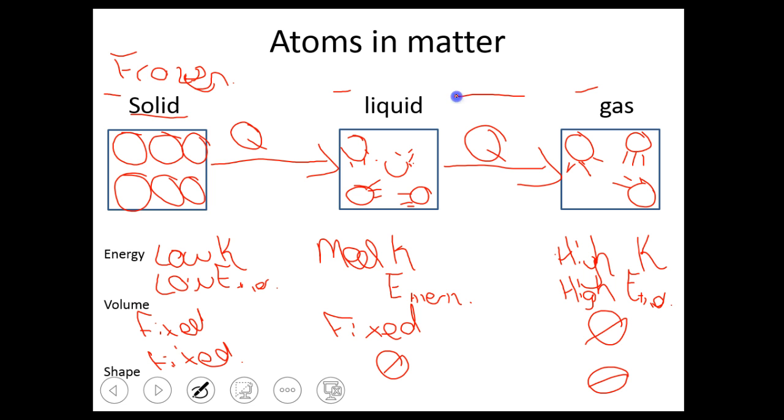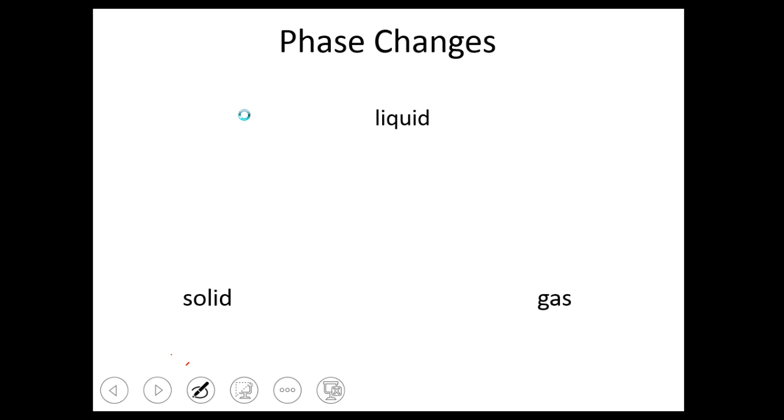And then likewise, if I take heat out of these systems, things can go from a gas to a liquid and from a liquid to a solid, and we call that process condensing and freezing. And so I want to kind of name these processes really fast. When something goes from a solid to a liquid, what do we call that? Well, we call that melting.